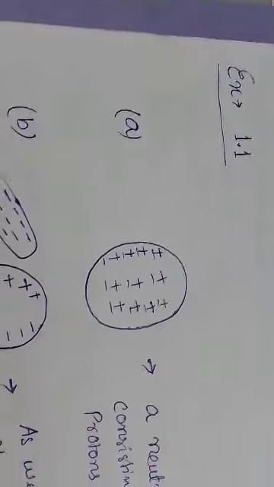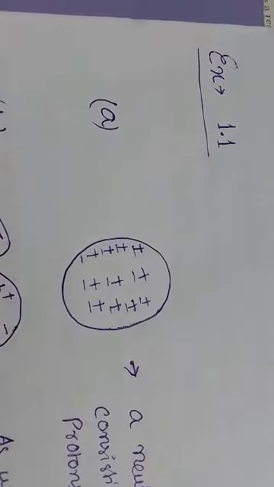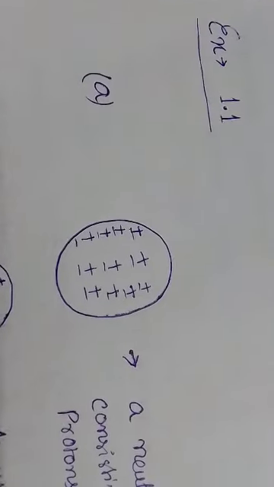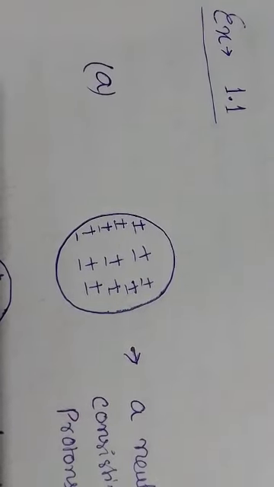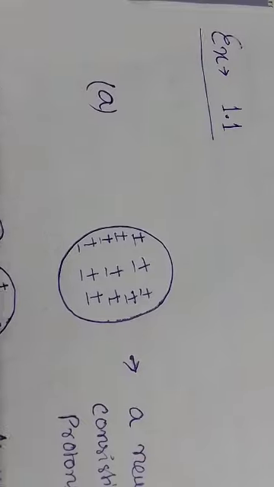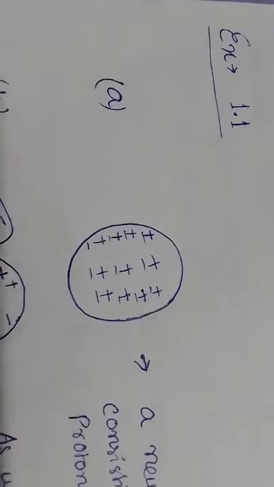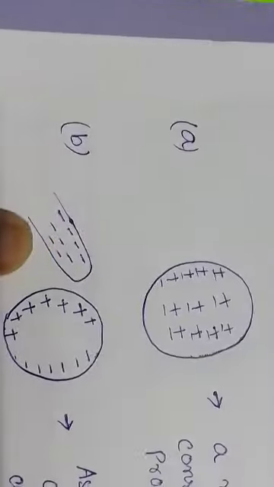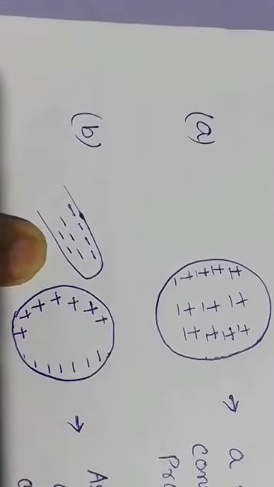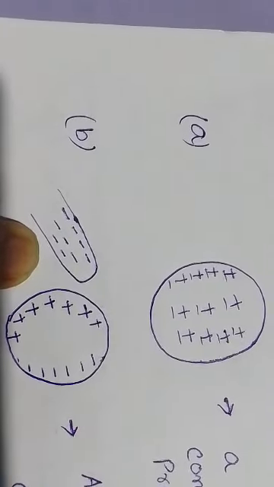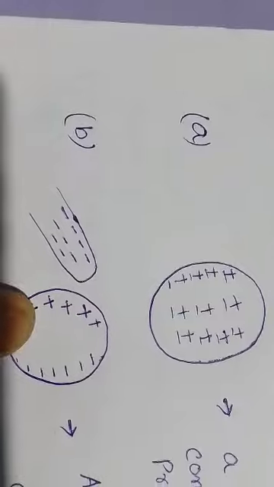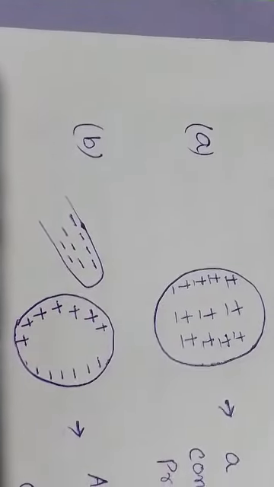In order to convert this metal sphere into a positively charged sphere, we need to use the phenomenon of induction, charging by induction, in which we are going to take a negatively charged rod and place this negatively charged rod near the metal sphere which was a neutral body.